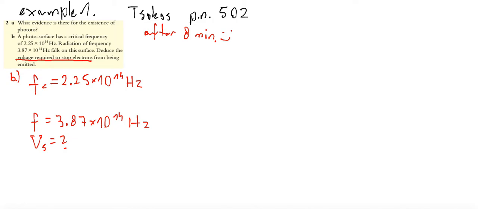Okay, by using this you can calculate the work function. Again, the critical frequency is the minimum frequency needed to emit electrons from the photosurface. So the critical frequency is the frequency of light for which light has energy the same as the work function, so the minimum energy needed to emit electrons from the surface.